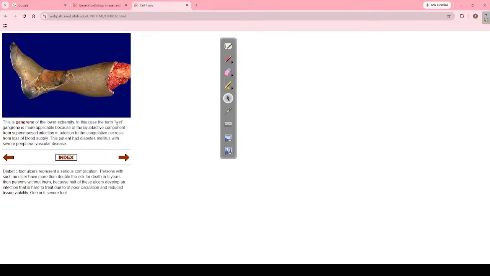Gangrene in the lower extremity is where the term wet gangrene is more applicable, because there is a liquefactive component from superimposed infection in addition to the coagulative necrosis from loss of blood supply. The patient had diabetes. Diabetes is an example of wet gangrene. You should remember that. Diabetic foot ulcer is a serious complication.